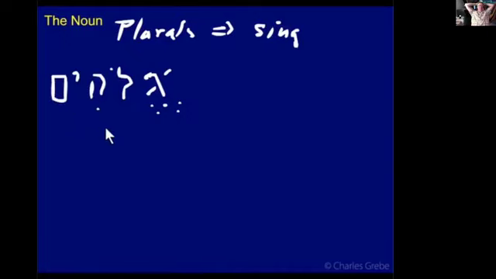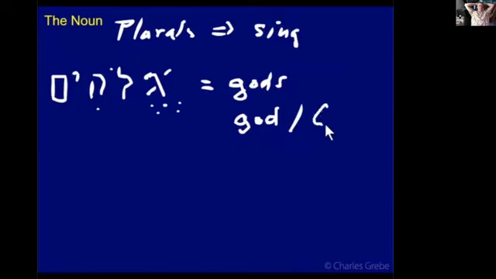It looks like a masculine plural word. You have the im ending here. It can mean gods in the plural, which is what you expect because it's got the ending. But it can also mean God, small g, just a god. Or it can mean the God of the Bible, which generally in English we would capitalize. So it can be singular or it can be plural. Here's a plural that can function as a singular. In fact, most of the time, Elohim simply means God, the God of the Bible. So it's usually used as a singular.